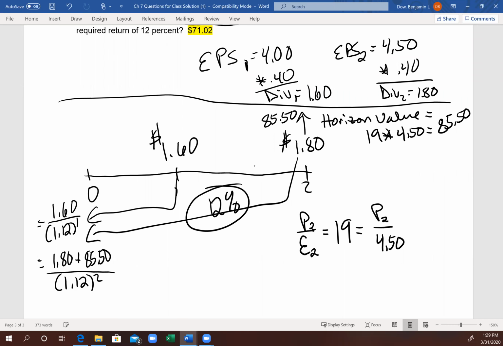All right, so $1.60 a year from now is worth about $1.43.